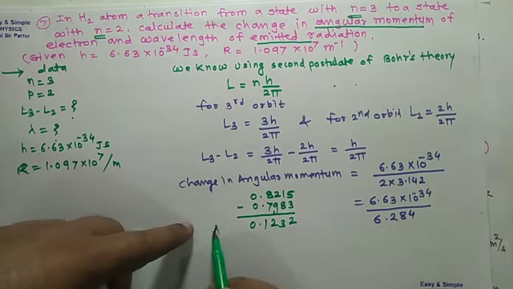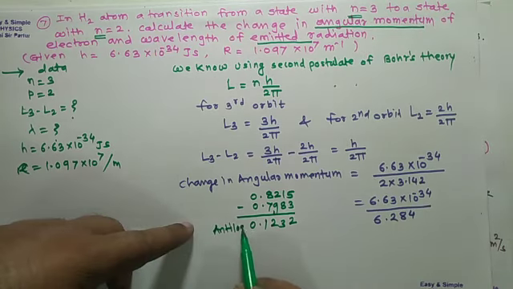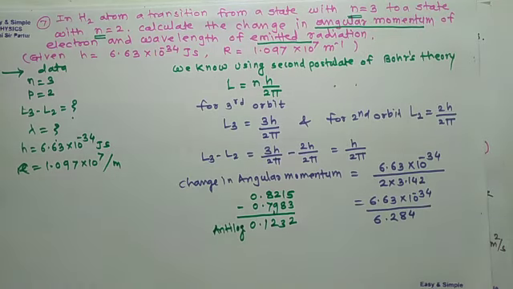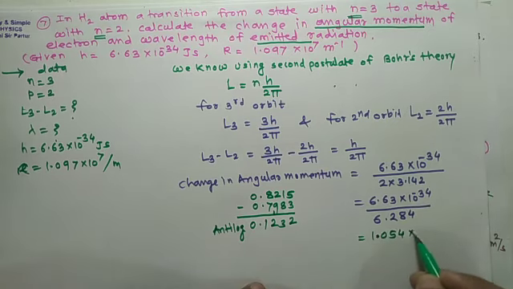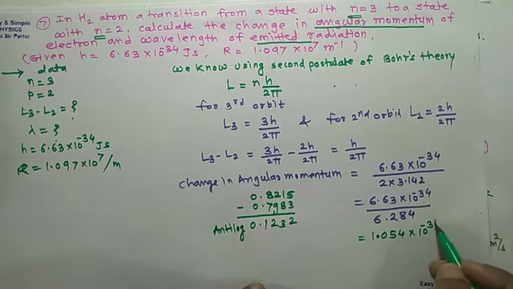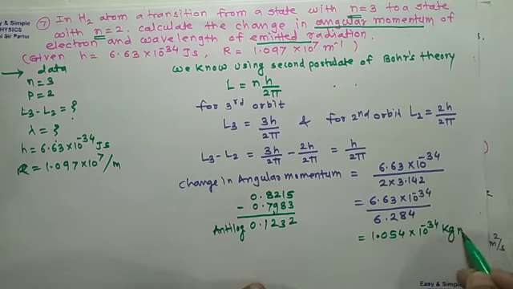And if we take antilog of 0.1232, its antilog will be 1.054 into 10 raised to minus 34 kg meter square per second, which will be the first answer for the above example.